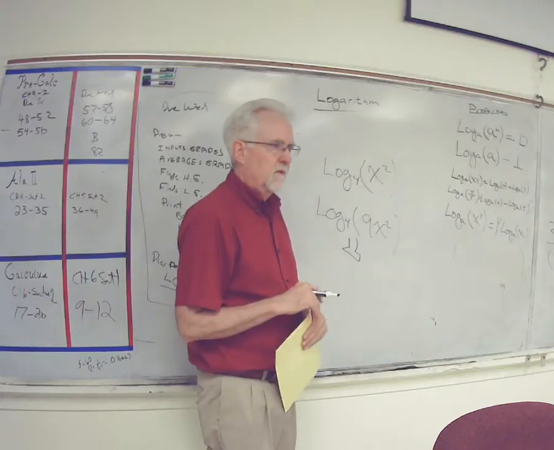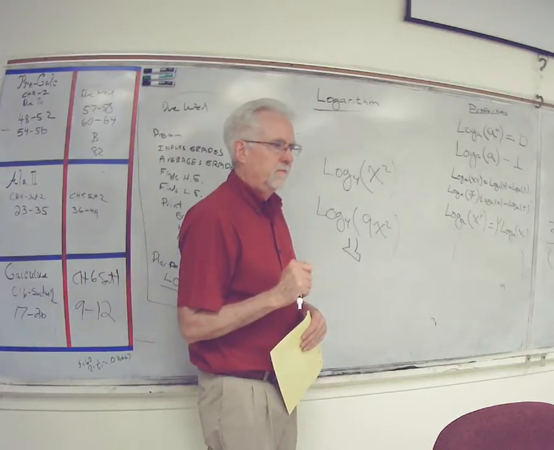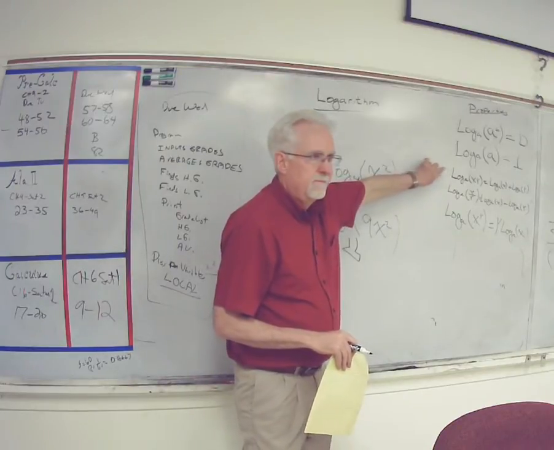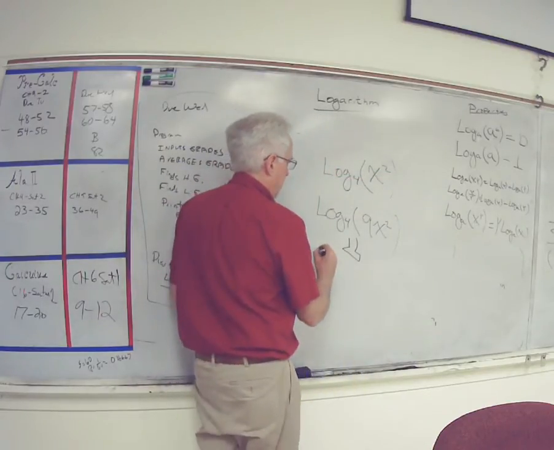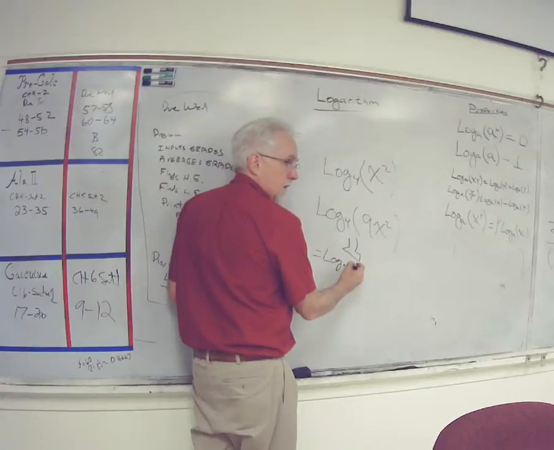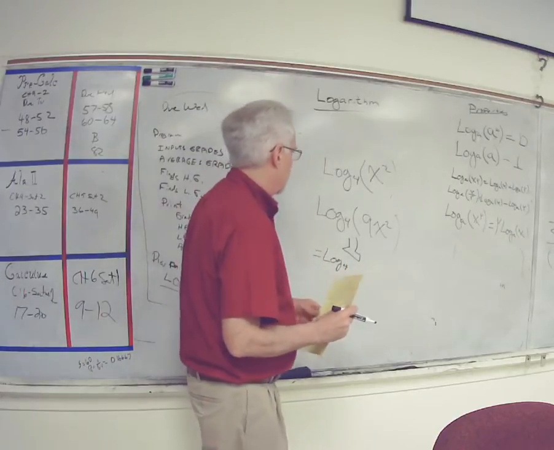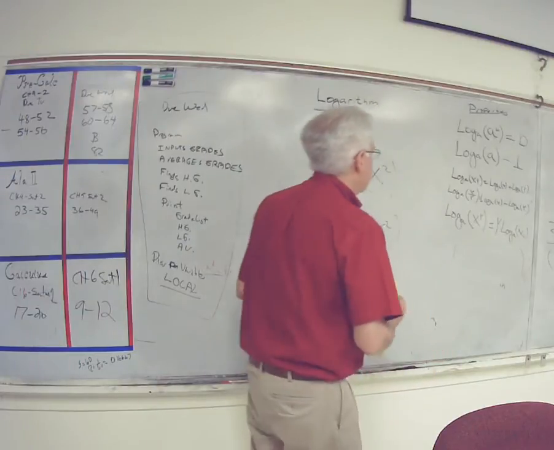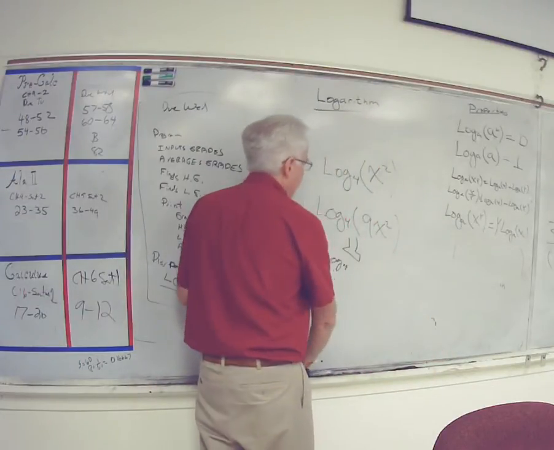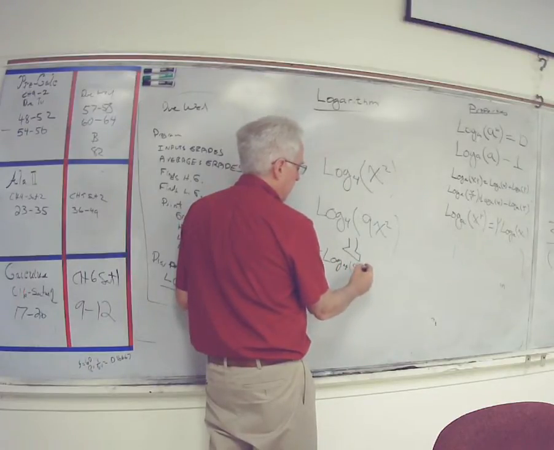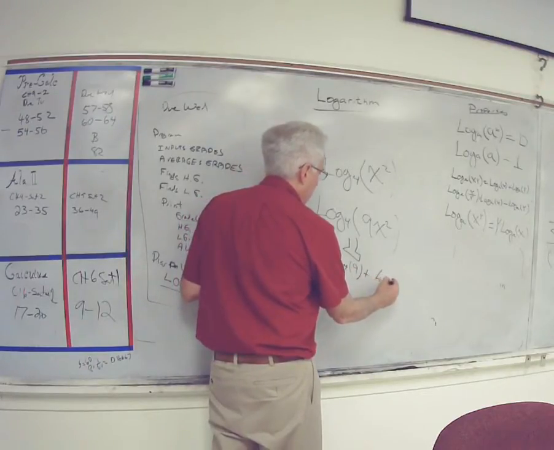Could you do that because the 9 is not squared? This doesn't have anything to do with being squared. It's just something times something. What's it going to be? Log 4 of 9 plus log 4 of x squared.